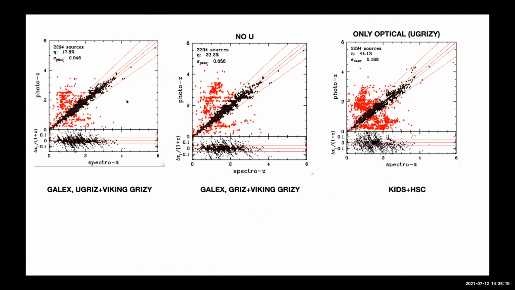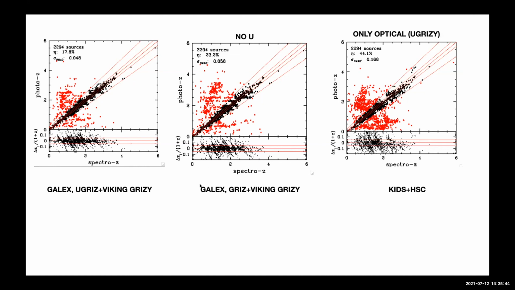On the left, you have the photo-zs, the best that I could manage with SED fitting, using all this photometry in the KiDS area, knowing that the object is X-ray detected, that it is an extragalactic object, that there is an AGN. Here, I was wondering whether the u-band is the one making the difference.